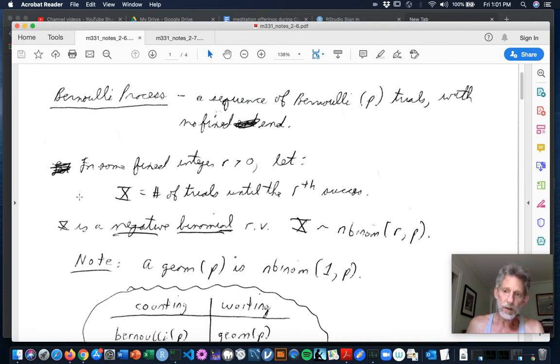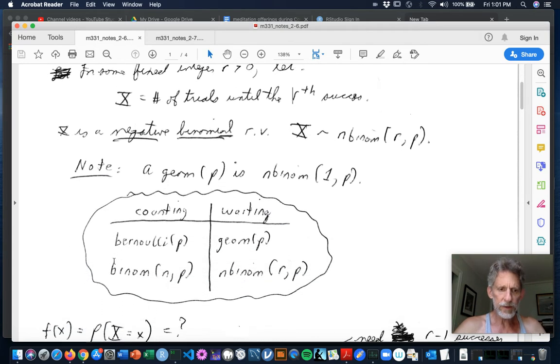We're not counting how many successes we have. We are waiting until the rth success and counting how many trials it takes to get all the way to that rth success. So I think of this as a waiting random variable, as opposed to a counting random variable like a binomial random variable.